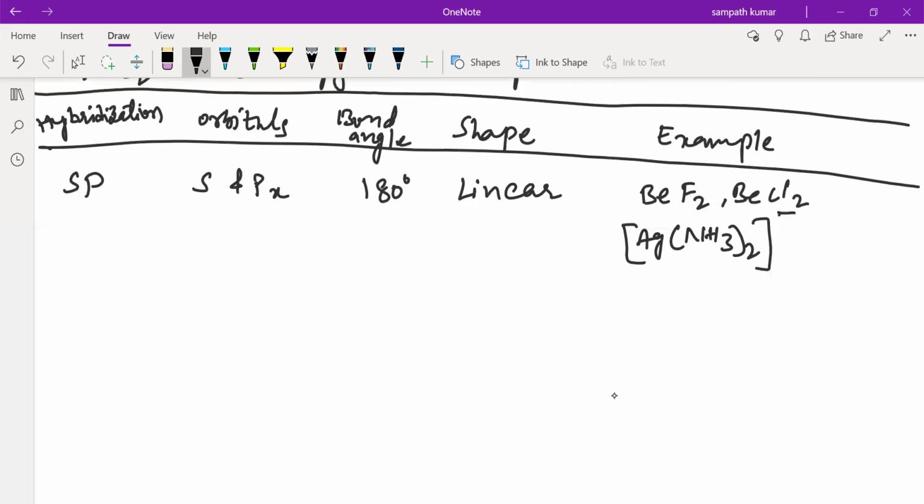In sp hybridization, the px orbital is involved in the hybridization.